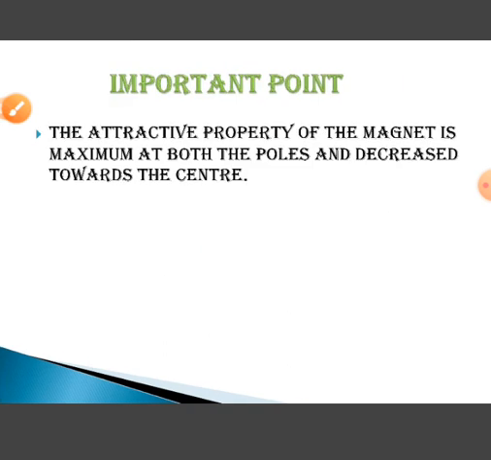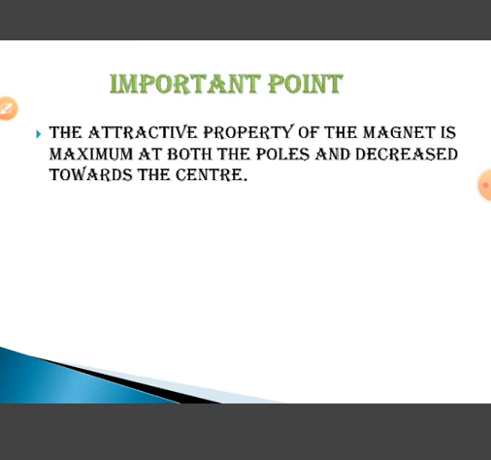Then take note of these important points. The attractive property of the magnet is maximum at both poles and decreases towards the center. What we are trying to say here is that the strength is maximum at the edge of the magnet.